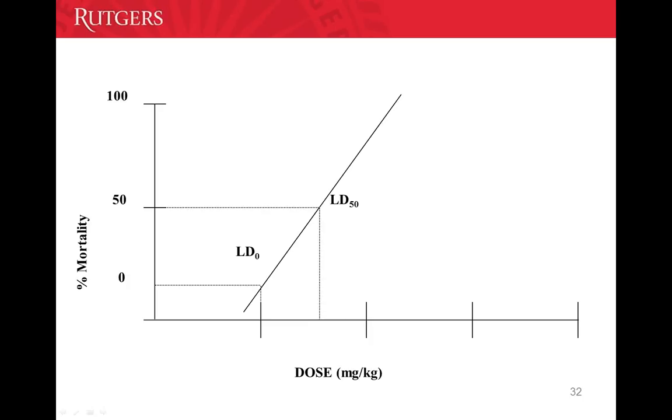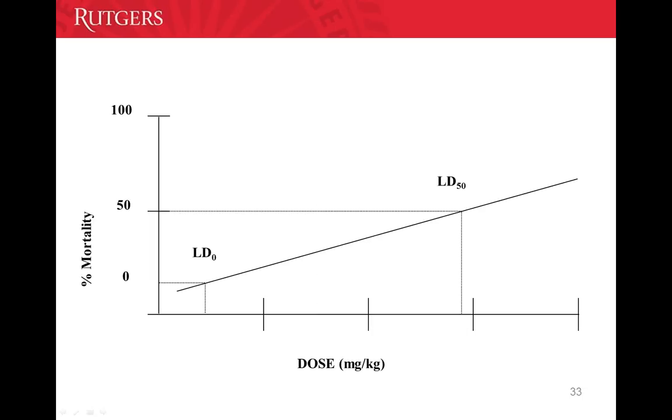So there isn't a lot of movement or room for error. We can have no resultant deaths, and if we get just a slight increase in the dose from the LD50, just a little bit more, we can have 100% of the population die. So that's really quite an important thing to see in the steepness of the slope of the LD50 line.